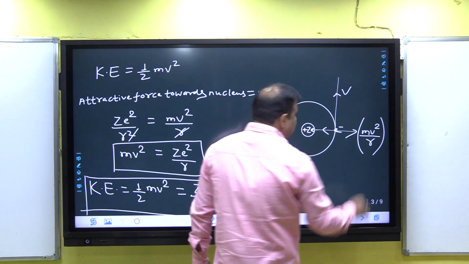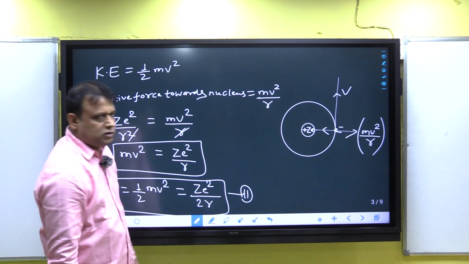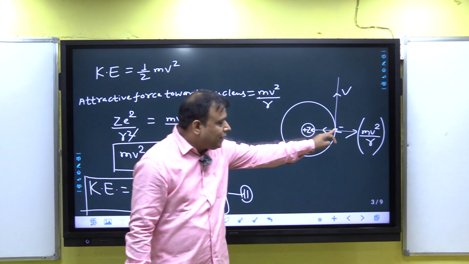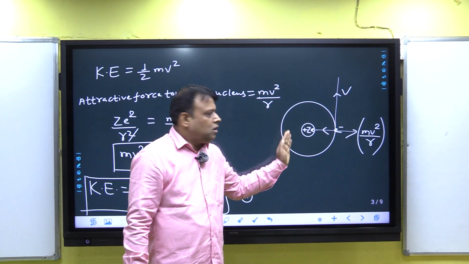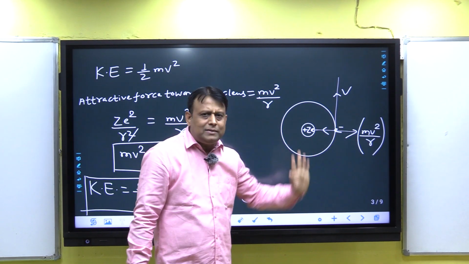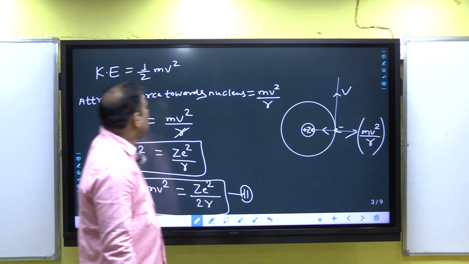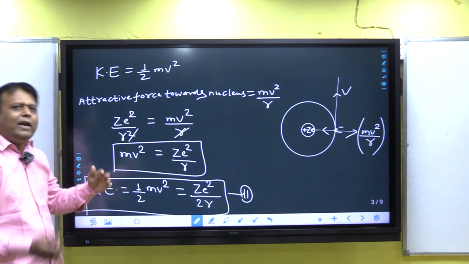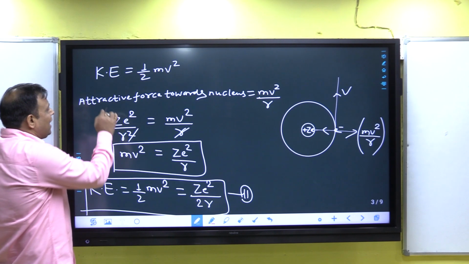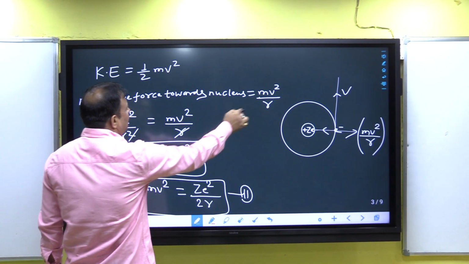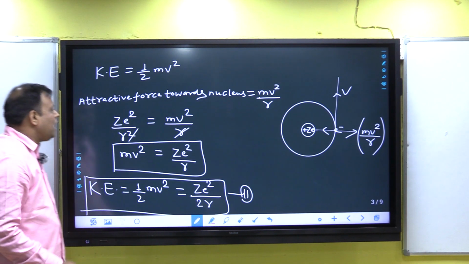Attractive force towards nucleus is exactly balanced by centrifugal force. Now, we know that kinetic energy is equal to half mv square, and attractive force towards nucleus is equal to centrifugal force.